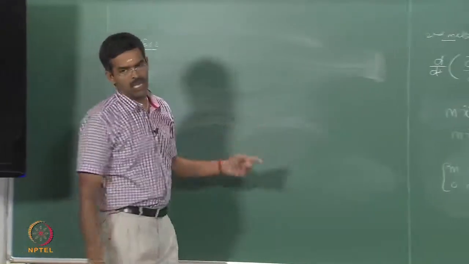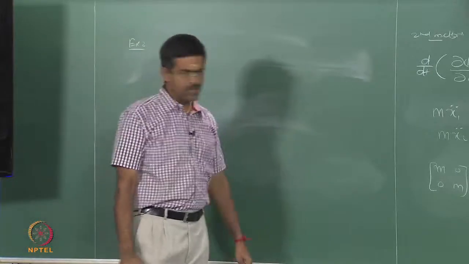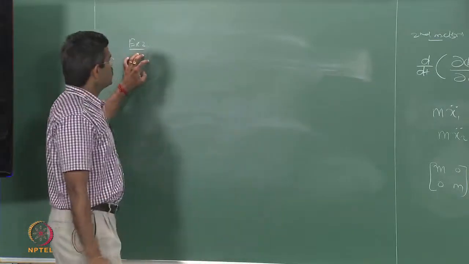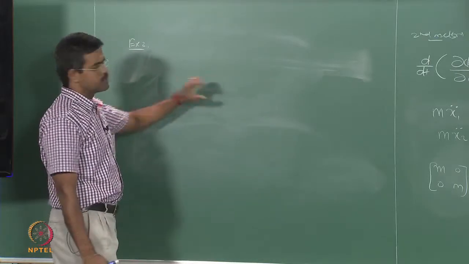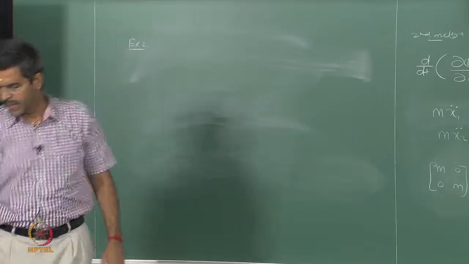One was both the cases solved using, deriving the equation of motion. Example 2, I want to find the fundamental characteristics of dynamics for a given spring mass system. There is a data given to me.